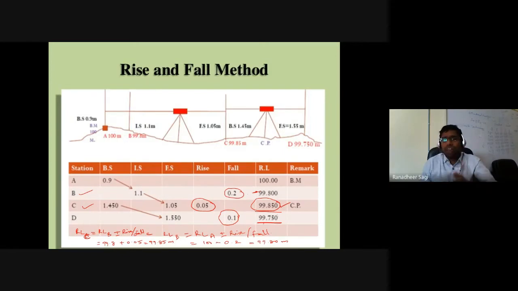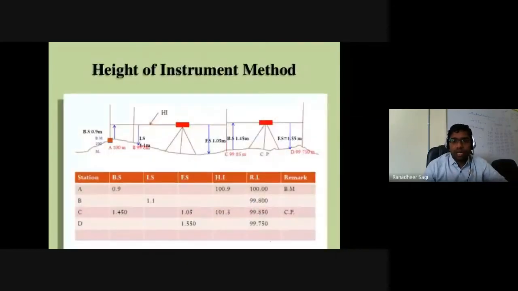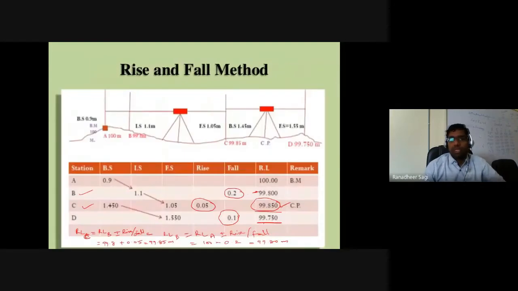So that's how we go on to calculate RL values at various points based on the rise and fall method. If you want, you can compare the data we have calculated. The RL values at point A was 100, at point B 99.8, at point C 99.85, and at point D 99.75. The same thing we are also getting from the rise and fall method.